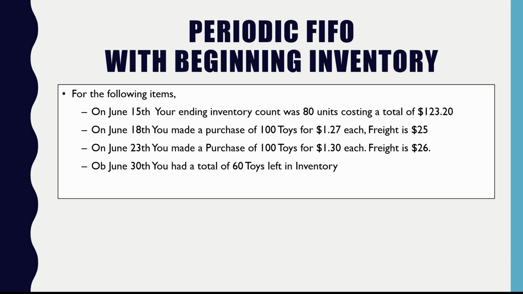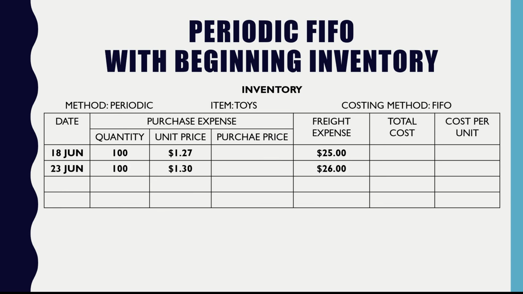And I have a key factor here that on June 30th, I should have a total of 60 toys left on hand. So once again, we're going to plug in our numbers in the appropriate boxes in the windows here.